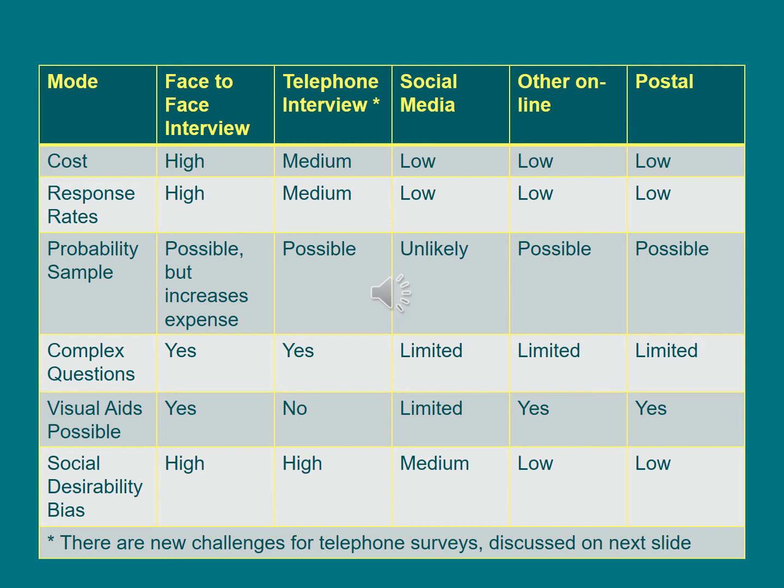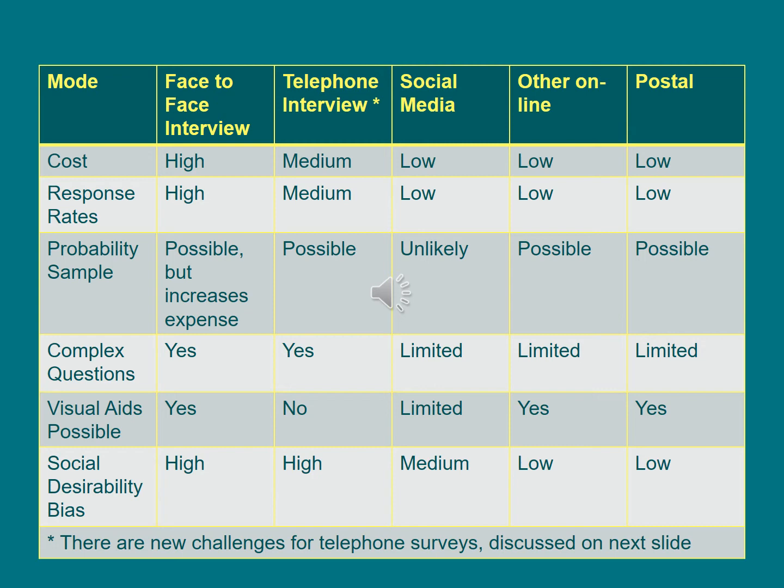Other limitations for different types: can you actually get a probability sample? It's possible, but it increases your expense if you're doing face-to-face interviews. It's possible with telephone surveys. It's highly unlikely with social media surveys. Possible with SurveyMonkey and things like that, although difficult, and possible, but with some problems with postal surveys as well.